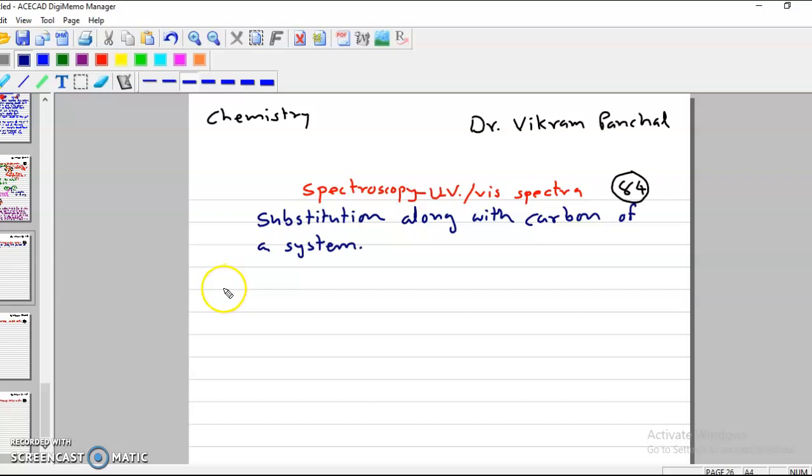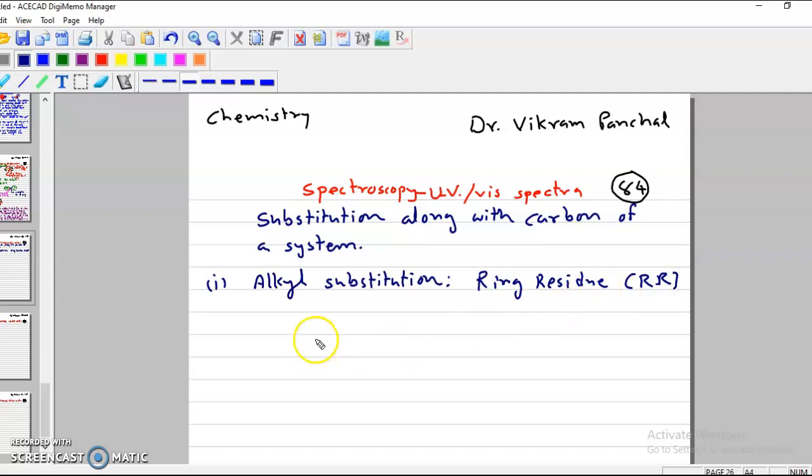The first one, which is very important because other functional groups are easy to identify the substitution, but the most important one is alkyl substitution. It is also known as ring residue. So normally we write RR for this. What is ring residue? So let us take an example, then you will understand this.